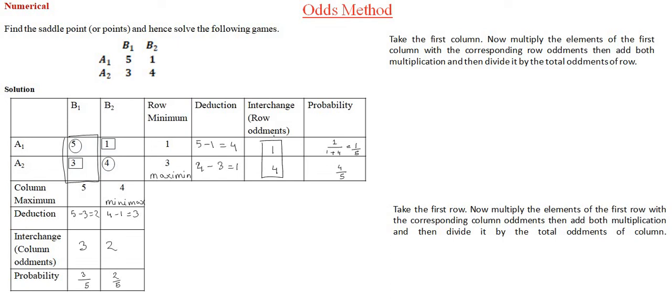So the value of the game is 5 multiplied by 1 plus 3 multiplied by 4, divided by the total row oddments, that is 1 plus 4. So we will get 17 by 5.